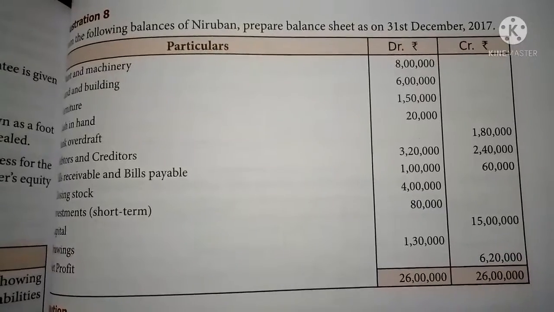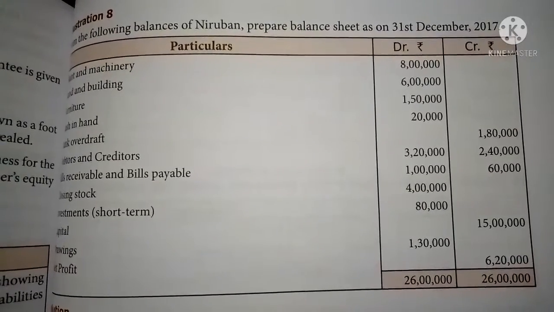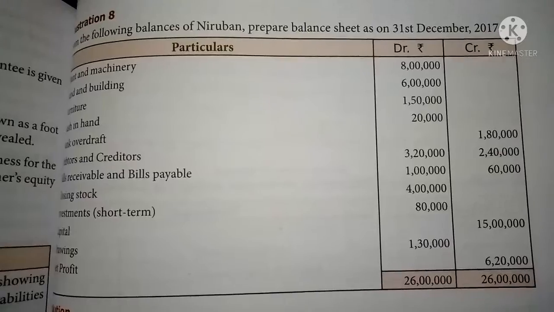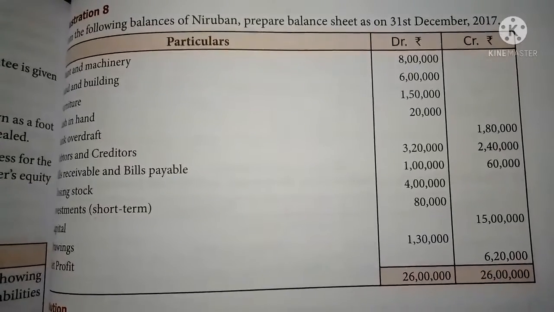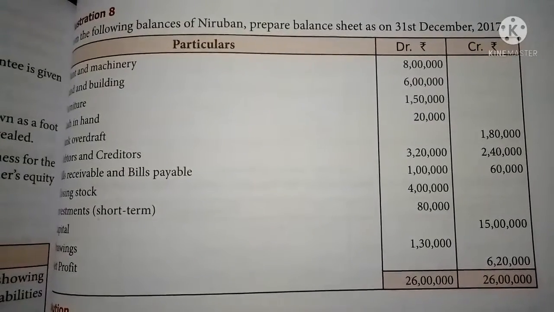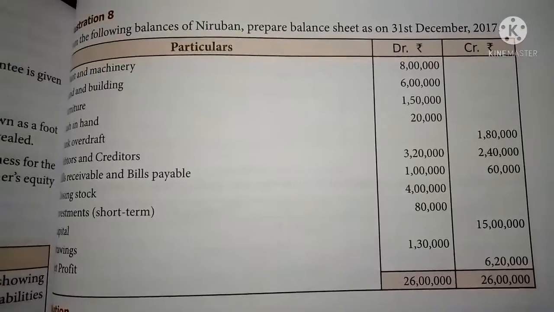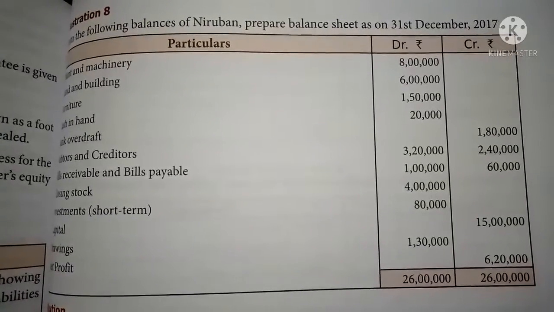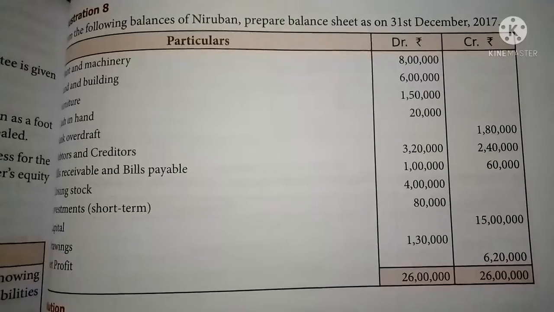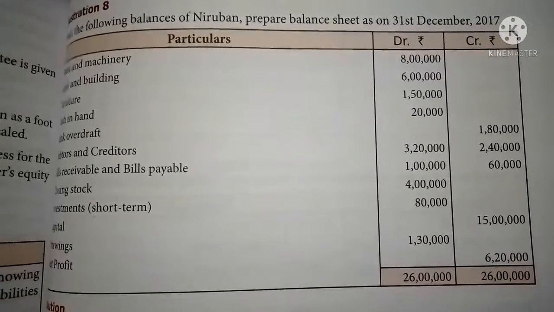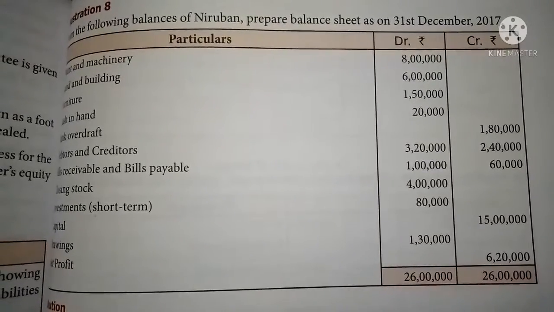You can also go through the specimen format of balance sheet. There are two formats of balance sheet: vertical balance sheet and horizontal balance sheet. You can go through the horizontal balance sheet. So sums should be worked out based on the horizontal balance sheet, not the vertical balance sheet.